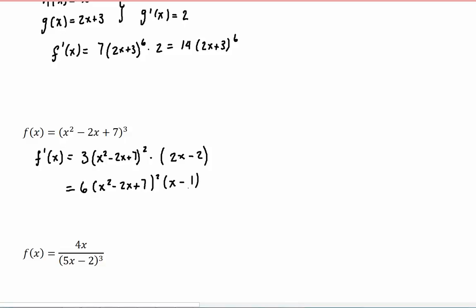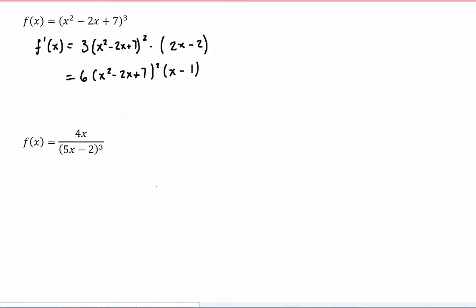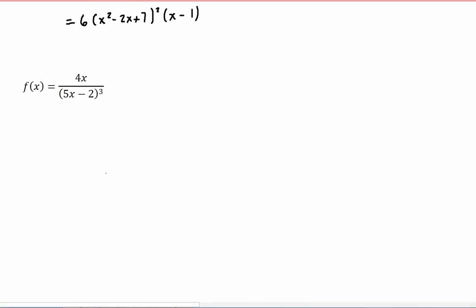Alright, so let's mix things up a little bit. For example, for this function, what do you have? Well, right here you have a quotient. So the way you want to look at this function is the following. If I give you an x, you plug it in here, you multiply it times 5, you subtract 2, then you raise it to the power of 3, and then you perform this quotient.